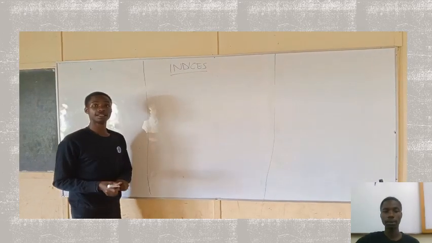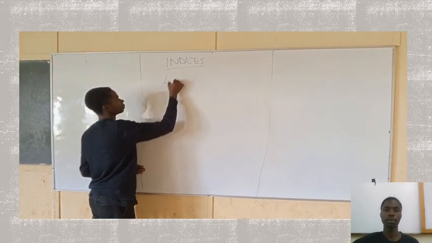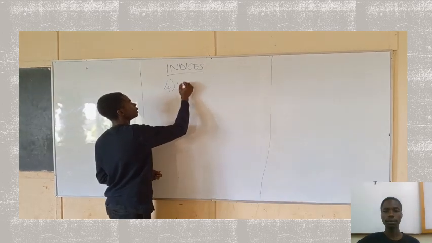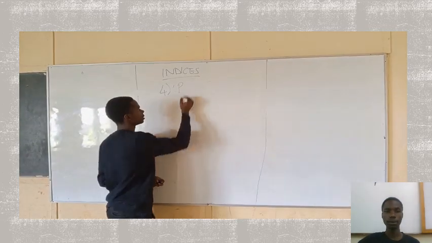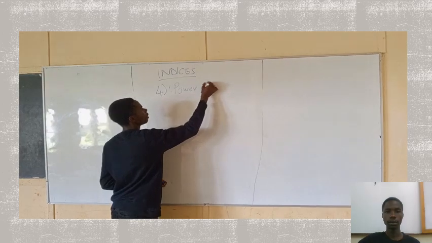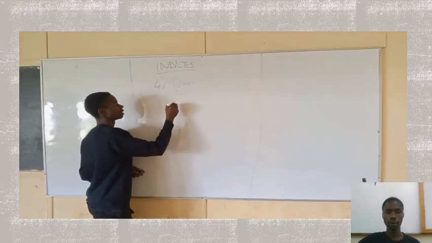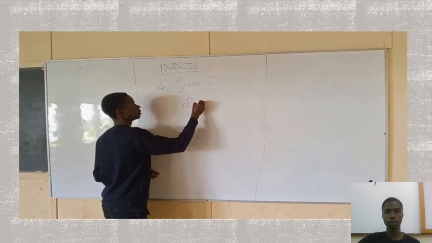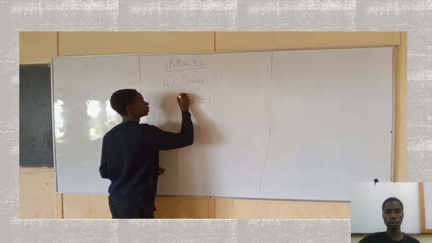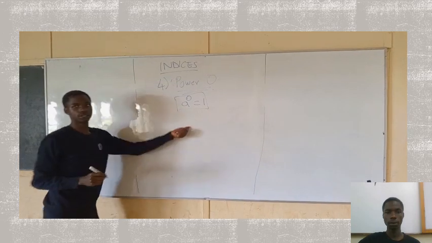Now, let's see the fourth rule. The fourth rule is power 0. Any number raised to power 0. Now, our formula shows that a power 0 is equal to 1. How is this shown?